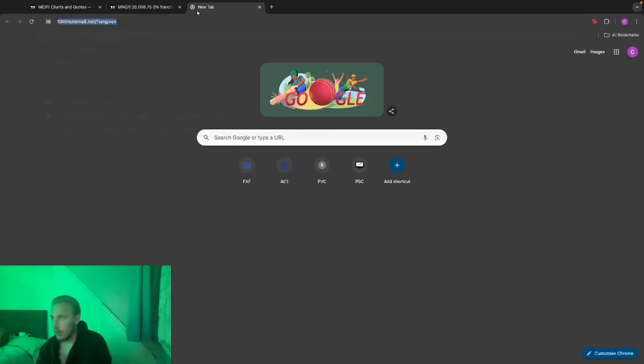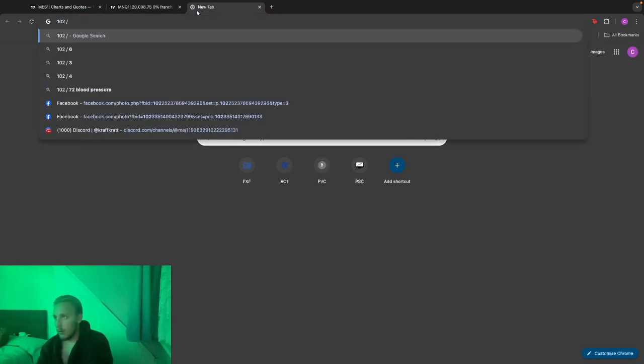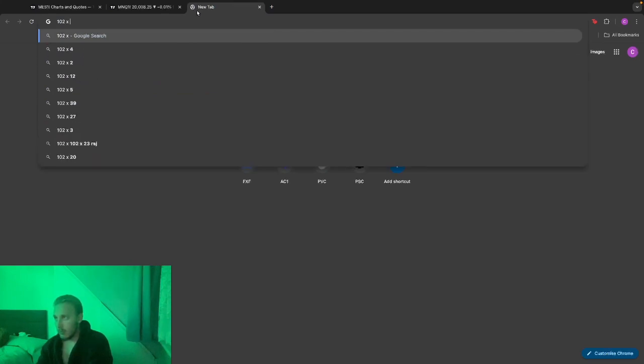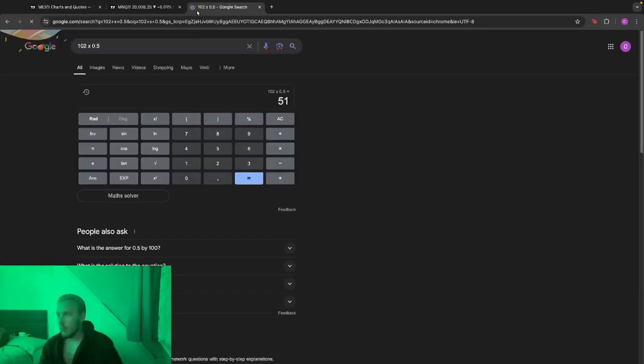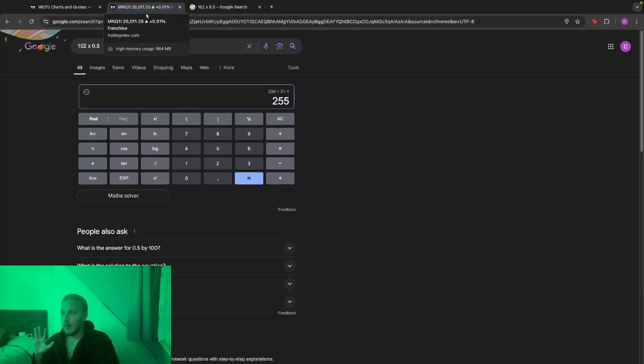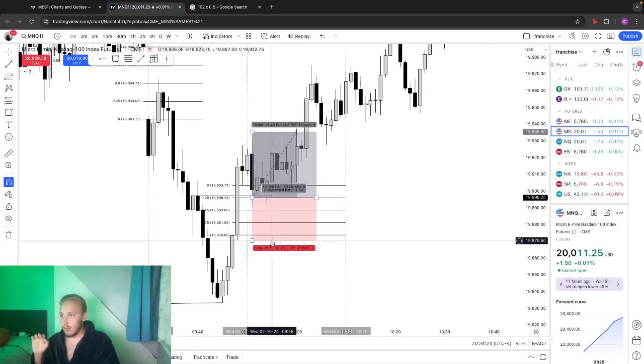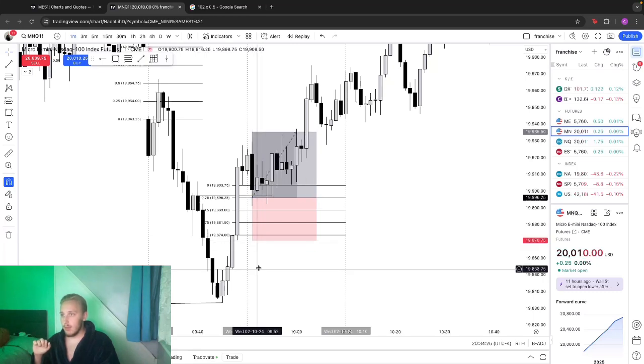If we go back 102 times 0.5, we're risking 51. Times that by 4 contracts, we're risking 204. We could even add a 5th contract on right there to risk 0.5%. So we'd have had 5 contracts on if we had a 102 tick stop loss.